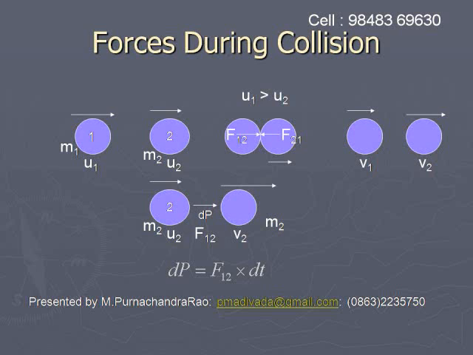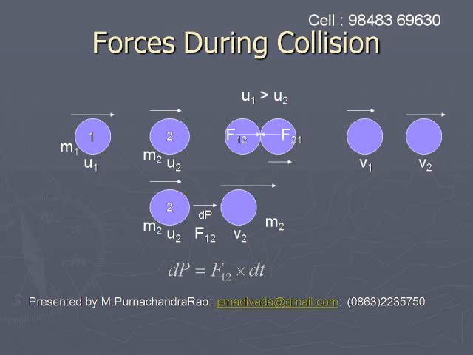V1 is the velocity of the first body after collision, and V2 is the velocity of the second body after collision. Here, the change in momentum is dp, and the direction of dp is from left to right on the second body. It is the direction of F12 because the change in momentum of the second body is caused by the force F12.